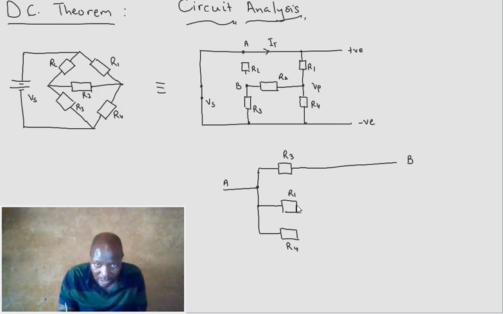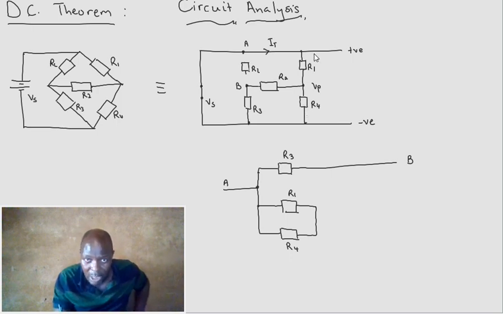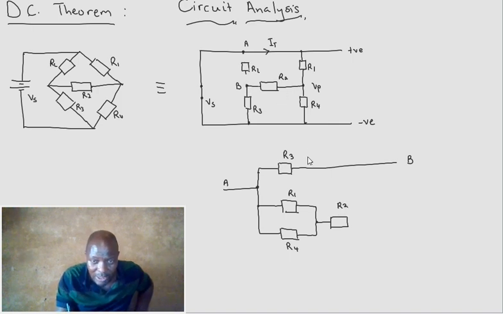So R1 and R4 actually join up. All it tells you is that R1 and R4 are parallel. They are connected on the one side and connected on the other side. Once they are connected on the other side, they connect to R2, and voila, R2 takes us to B.